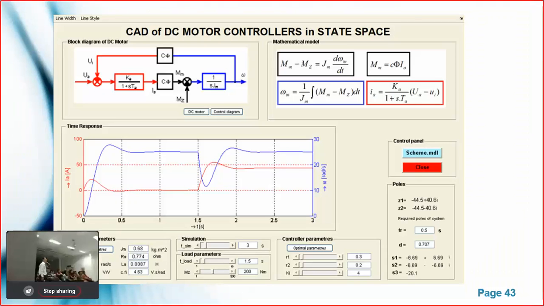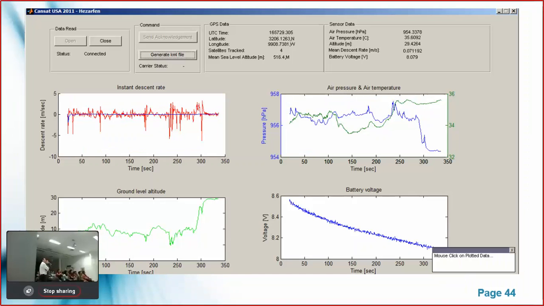We have also another MATLAB processing or ground station unit, and another one for the CanSat with the descent rate, air pressure, air temperature, ground level altitude and battery voltage, and it can generate a KML file which is used to display the position on Google Earth.